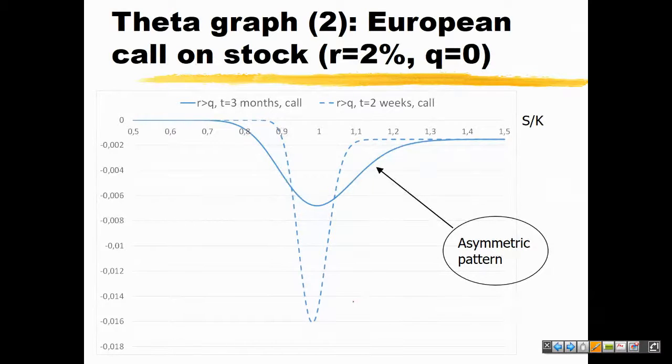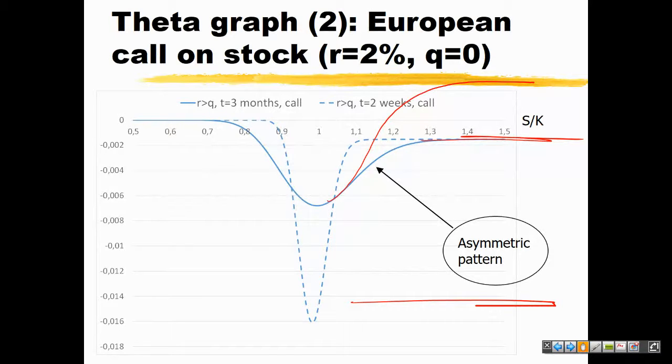Keep in mind that you have an asymmetry on the right-hand side. Depending on current parameters, you can have either a situation in which it goes this way and becomes negative, or it becomes more positive, keeping a fixed level as it is here. But this depends also on parameters, for instance the dividend yield Q, whether it's a call or a put.